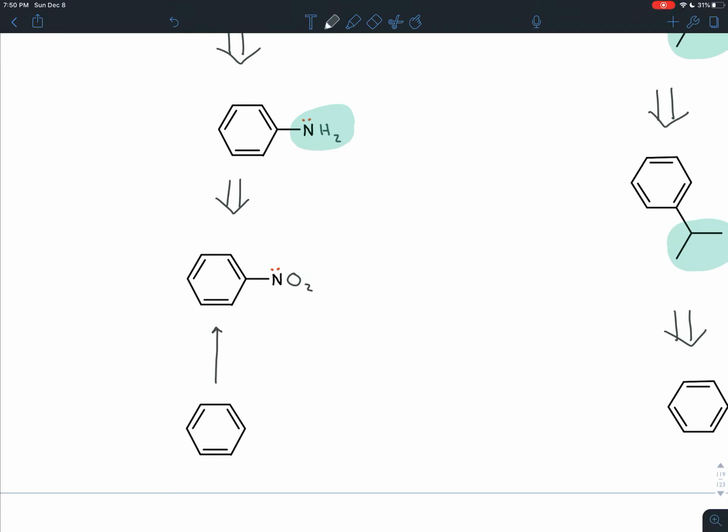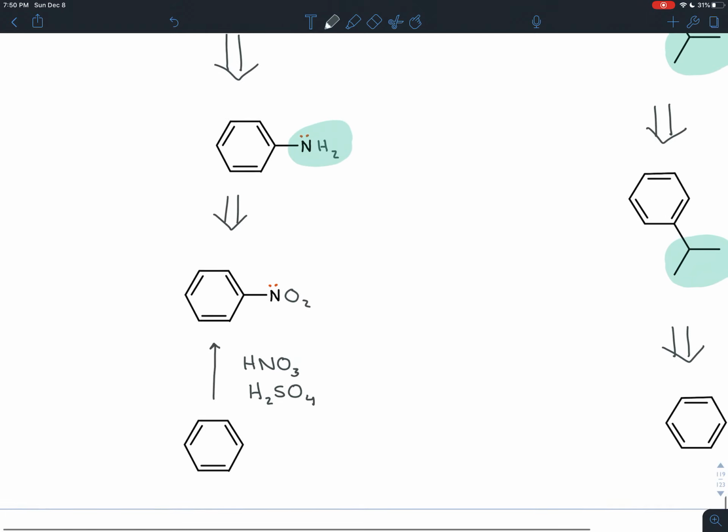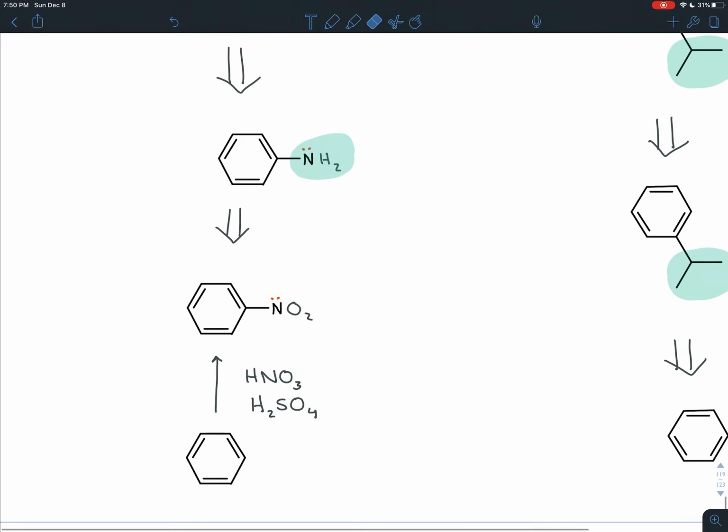If we're starting with benzene and we want to add a nitro group on it, all we have to do is do a nitration. That's HNO3 and H2SO4. This is one of those aromatic substitution reactions that we reviewed in the video on the reactions of aryl diazonium salts. So that puts the nitro group on there.